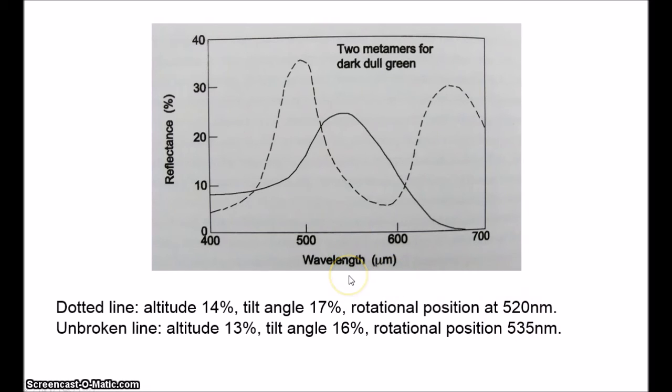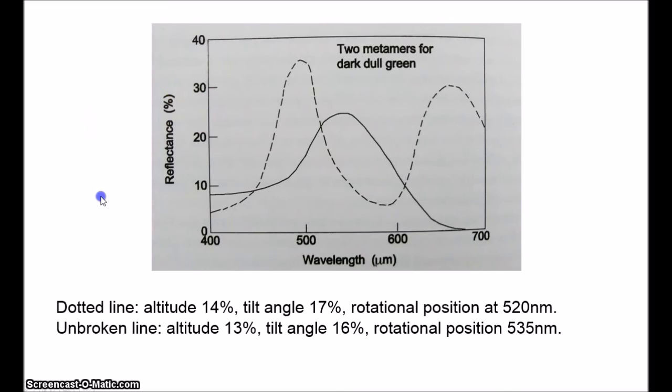So we have a dark, dull, greenish colour, which is exactly how these colours appear. These, as we said, are two metamers for dark, dull green. So that seems pretty promising. I've simplified Churchland's account somewhat here, but I hope you get the idea. I think the basic concept is pretty simple.